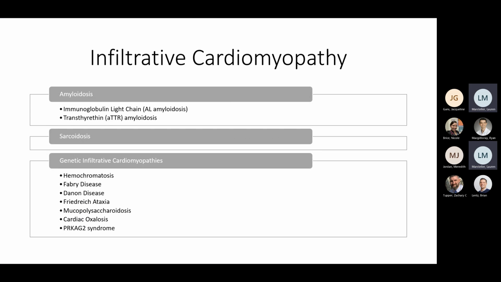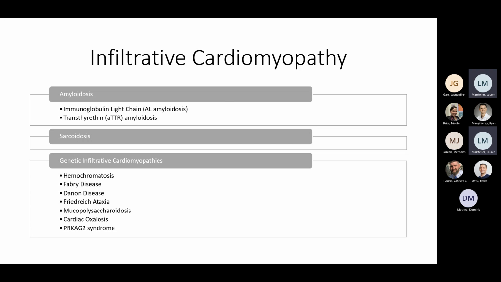So our infiltrative cardiomyopathies, cardiac amyloidosis, there's two main types that we see that affect the heart. We have our immunoglobulin light chain, sometimes known as AL amyloidosis, and we have our transthyretin, sometimes known as ATTR amyloidosis. Sarcoidosis is kind of a class in and of itself.